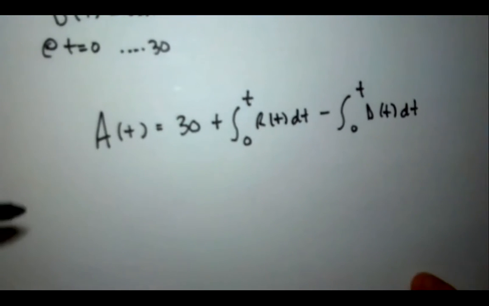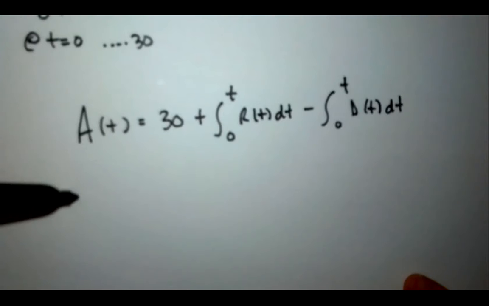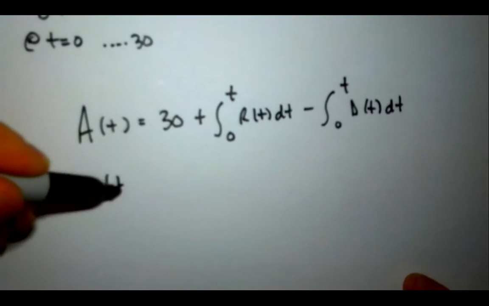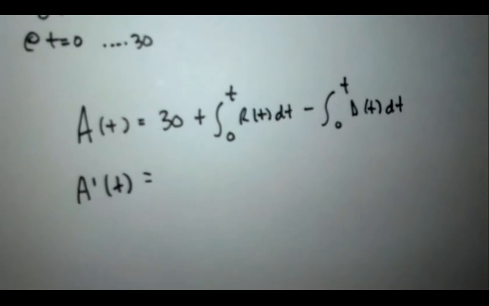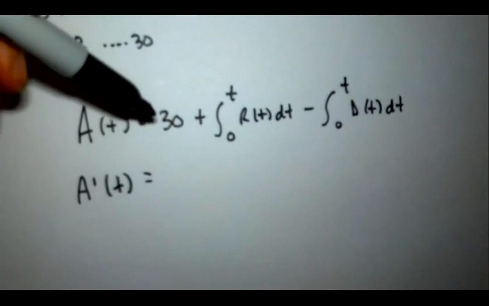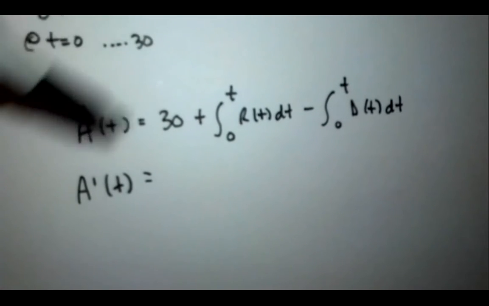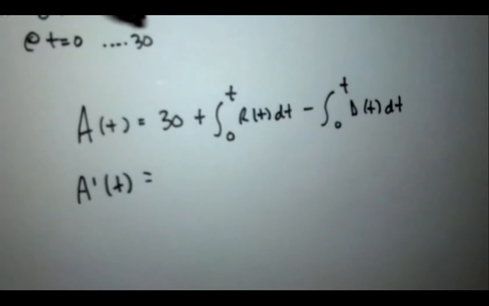Now it asks me, is this amount increasing or decreasing at t equals whatever? So what would happen if I took the derivative of that equation up above? Somebody quickly derive it. You'd have to do a lot of the FTC stuff. Oh, you don't have to do anything. You're overthinking. But what happens to the 30?